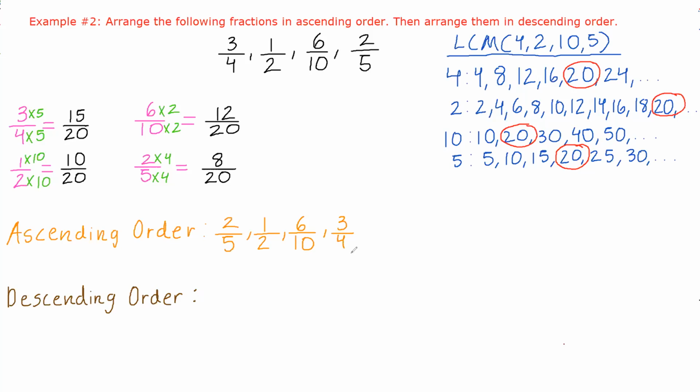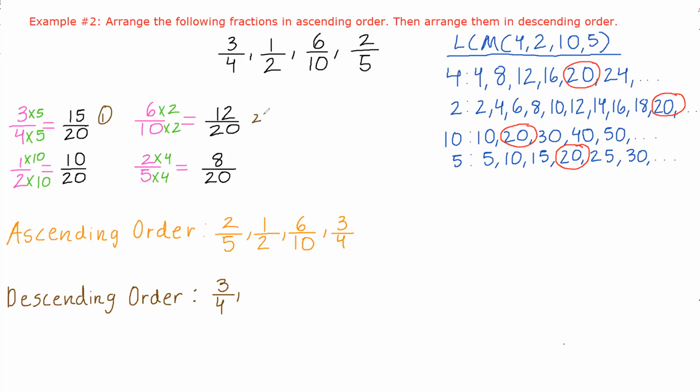And so, Tegan, what is the highest one out of these? 3 over 4. That's this one. So it's going to be 3 over 4, which is 15 over 20. And what's the next one? 6 over 10. Yep, that's true.